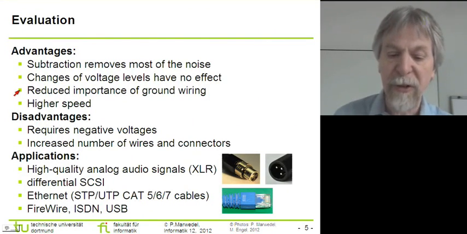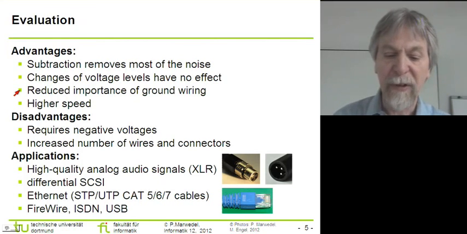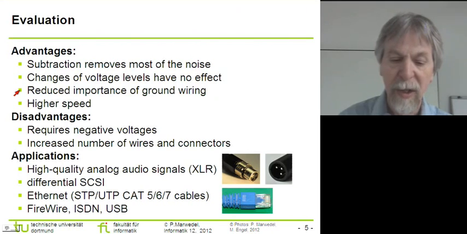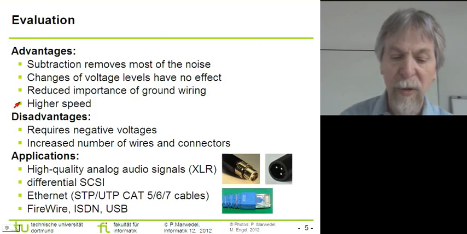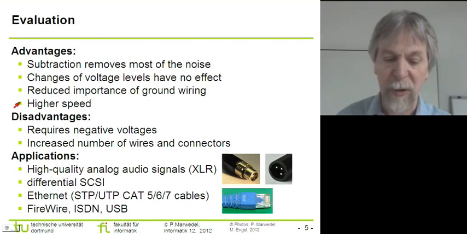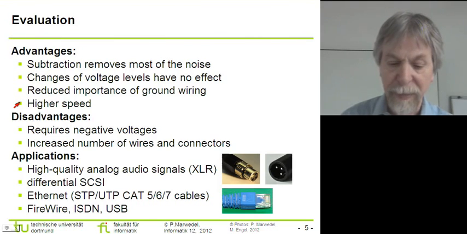But for differential signaling, ground wiring isn't really a problem because we just compute the difference between the voltages there on the 2 lines. Due to all these advantages, we can achieve a higher speed, which of course is very nice by itself.